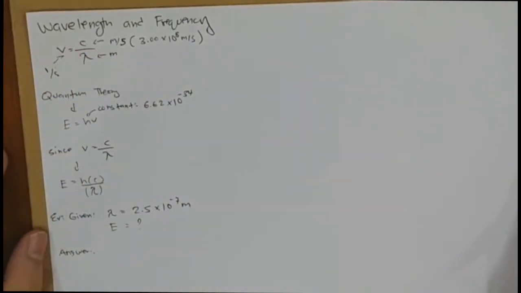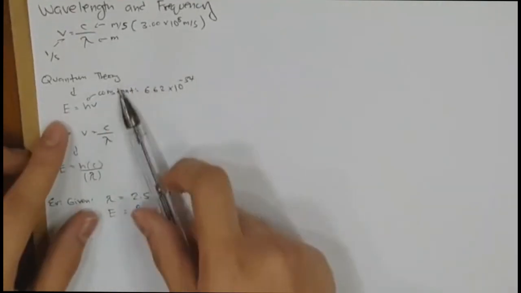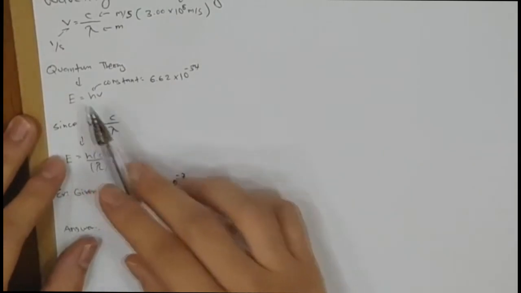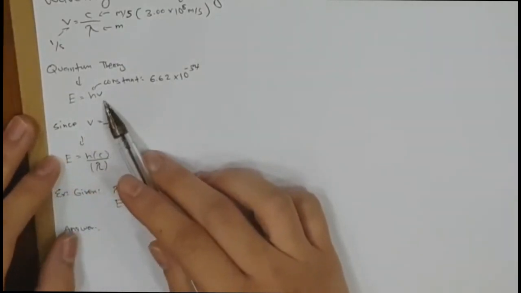So our formula for wavelength will include three elements: the frequency in per second units, the speed of light with a constant of 3.0 times 10 to the 8 meters per second, and the wavelength, which is in meters. And here in the quantum theory, we have another formula, but this would include the energy, Planck's constant, and the wavelength, as I said earlier.